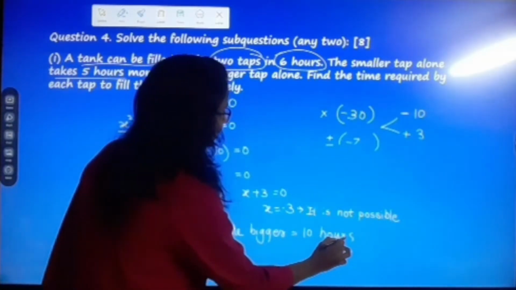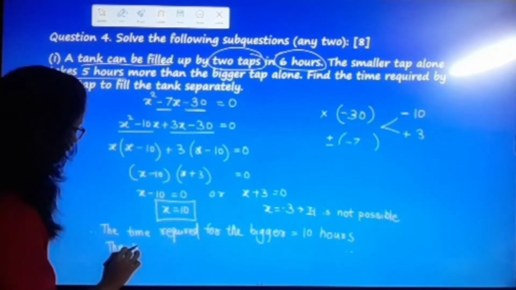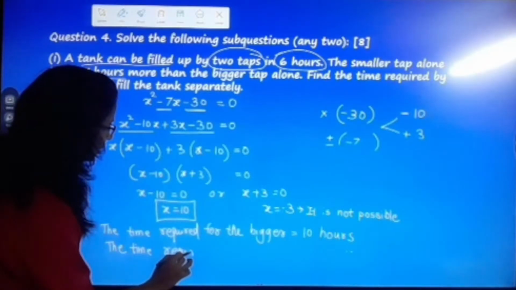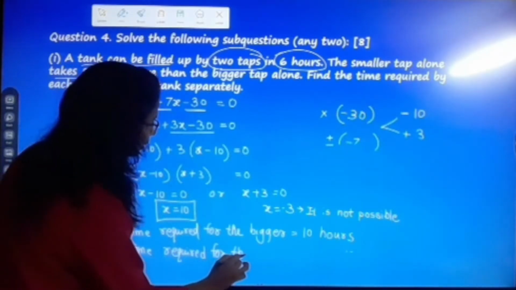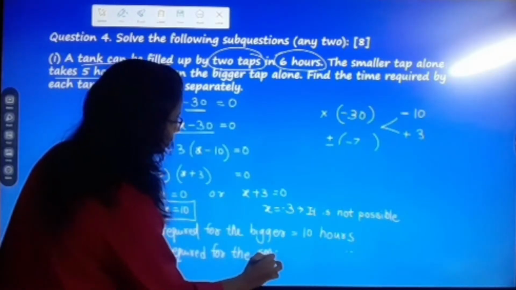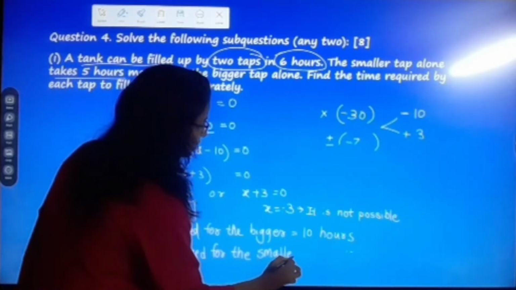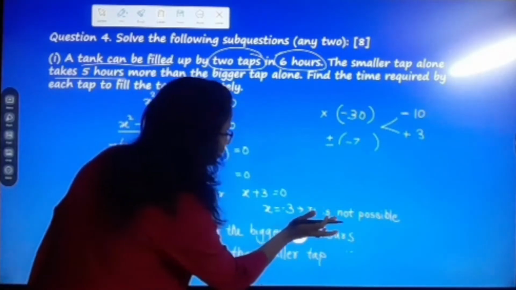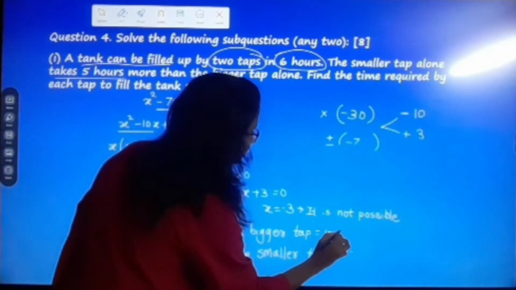Okay, here students, bigger tap is equal to 10 hours.